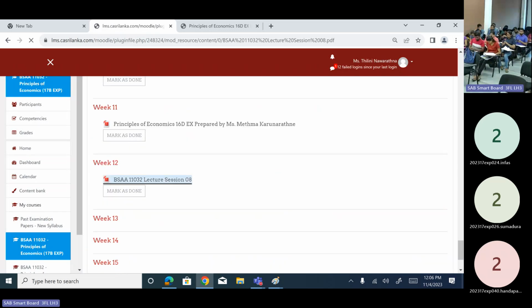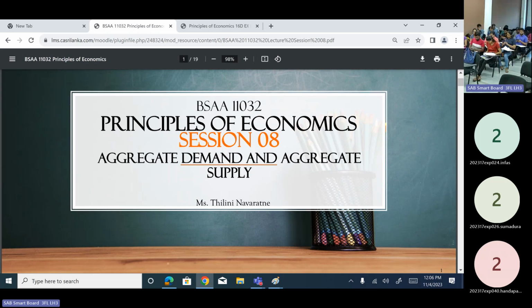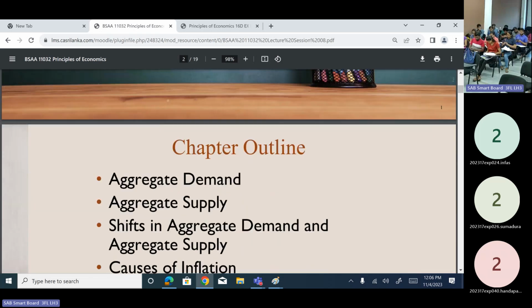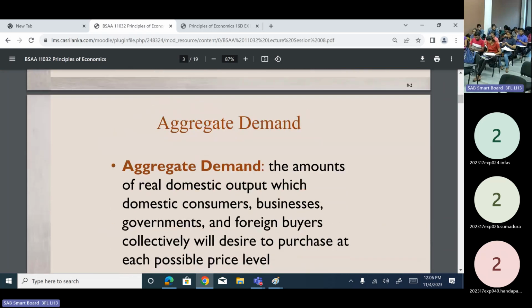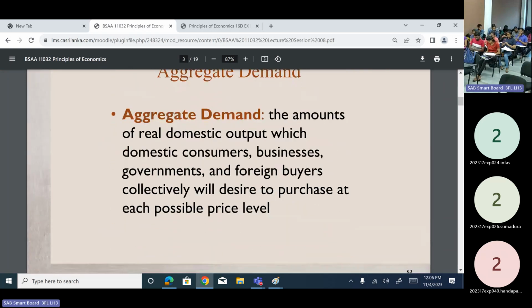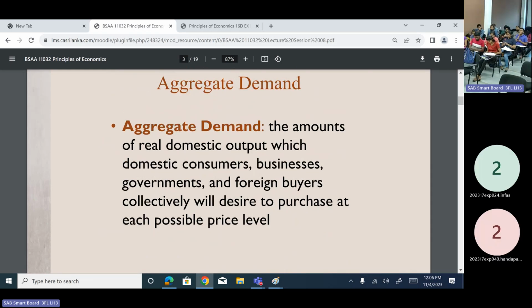Already you would have covered it somewhere, but I want to recap and include it in your macroeconomics. Session 8, aggregate demand and aggregate supply. Remember in macroeconomics, we are going to talk about aggregate demand and aggregate supply. Not just demand and supply for a product.